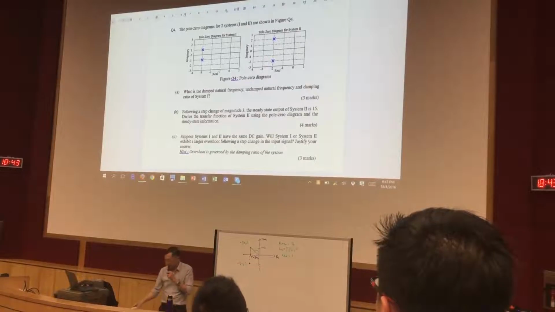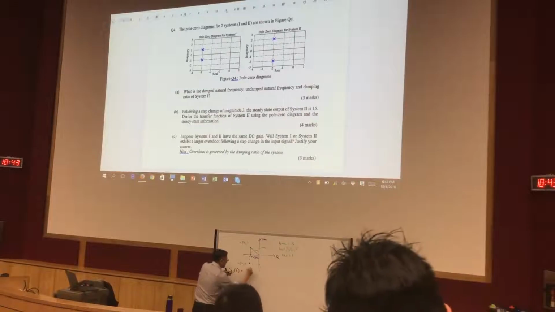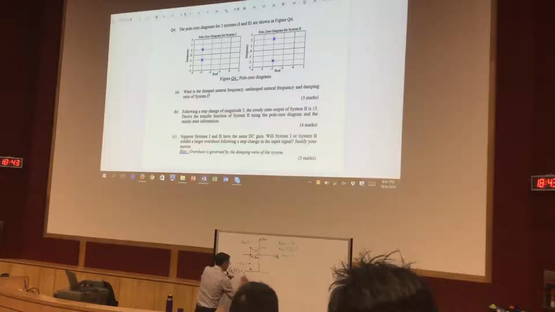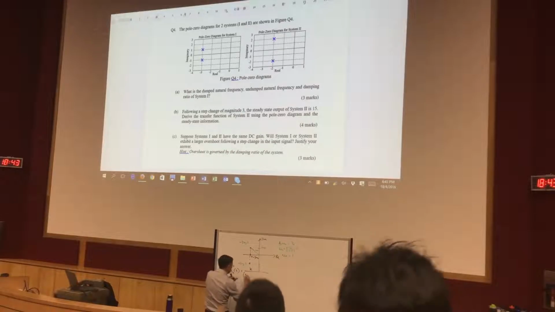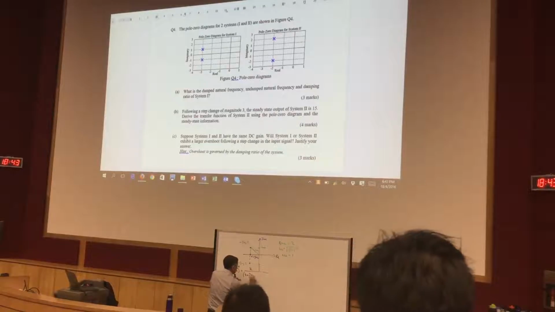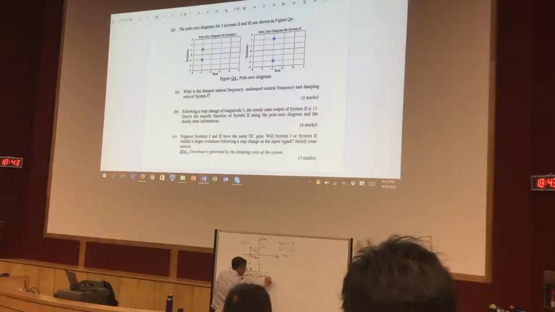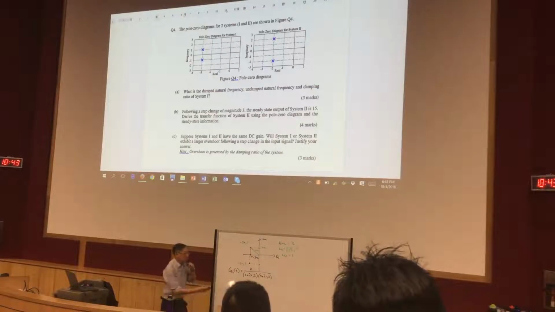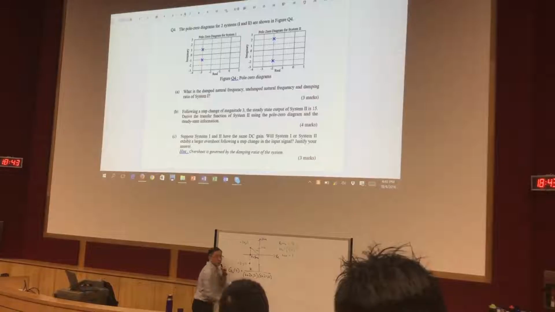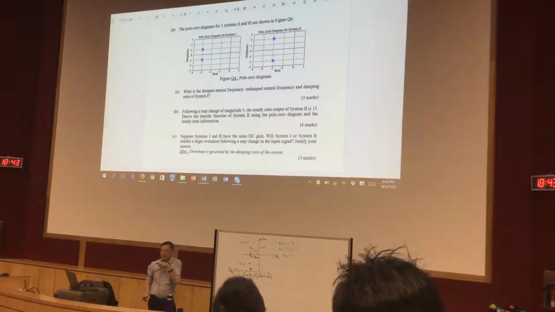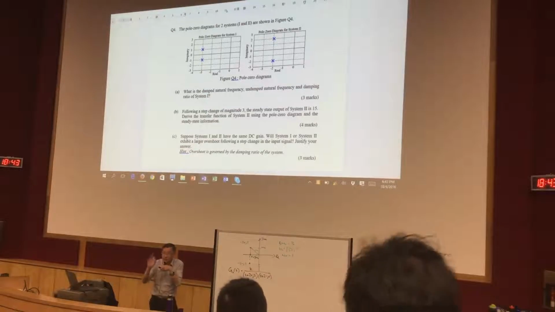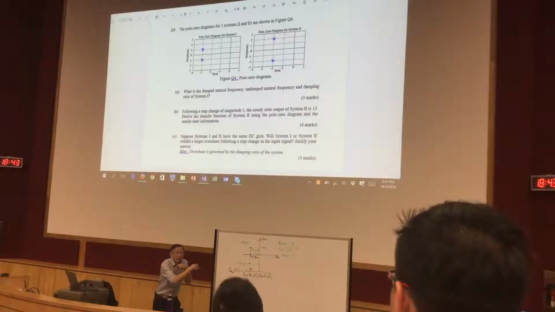Alright? So that means system 2 looks something like this. Those are two poles, which you can clean up now.